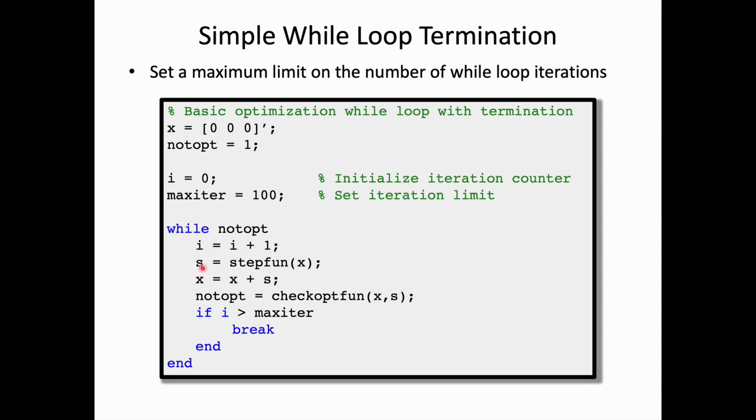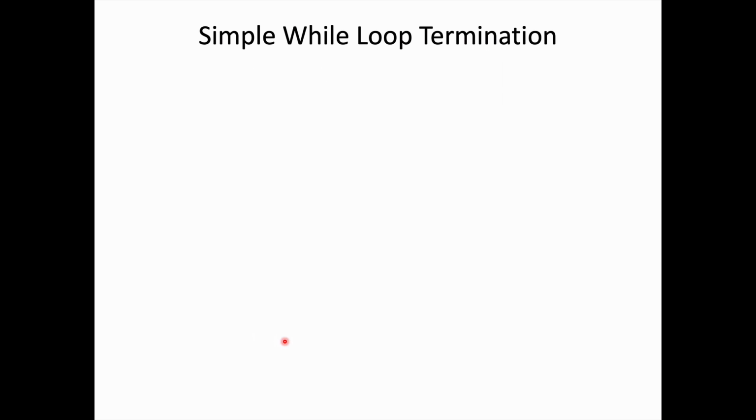Then we calculate our step vector, we do the vector addition, we check and see if it's optimal or not, but then we add in this one more check. So there are two different ways we can now terminate the while loop. We can either stop because we found an optimum, or we can stop because we have exceeded the maximum allowed number of iterations, and then we break the while loop.